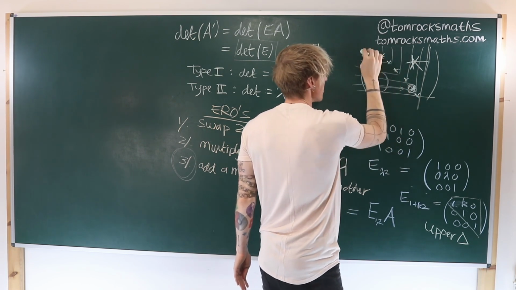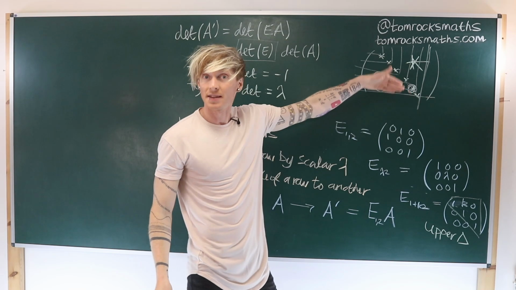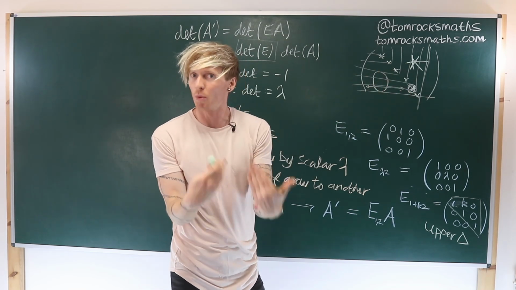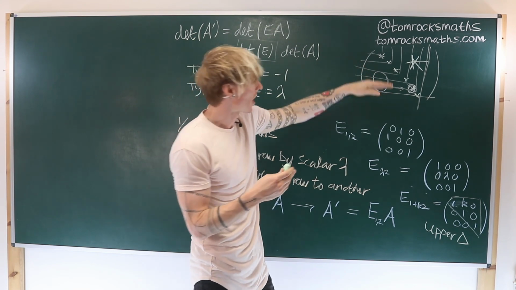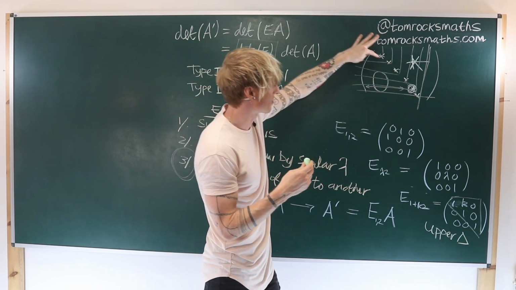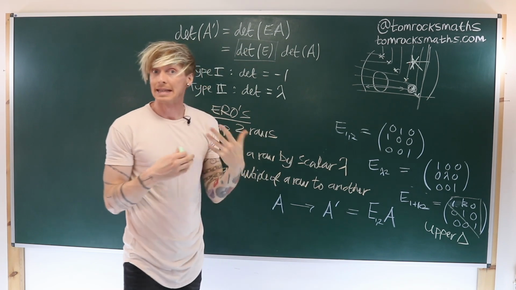And as we move up the matrix, picking the diagonal element, because it's the only one that isn't 0, through each row as we move upwards, our final determinant is just going to be the product of that diagonal.